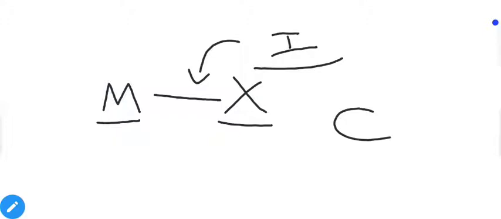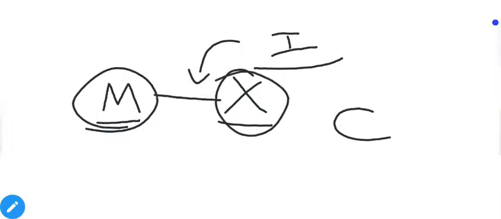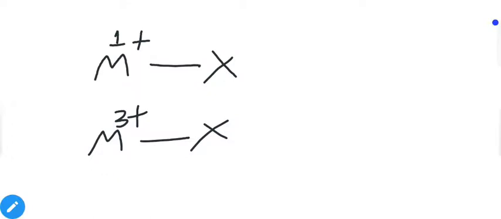This percentage of covalent or ionic character depends on the difference of electronegativity. As the difference of electronegativity increases, the tendency toward ionic bond increases, and as the electronegativity difference between two elements decreases, covalent character increases. So if we compare +1 and +3 ions, the +1 ion is more electropositive than the +3 ion.